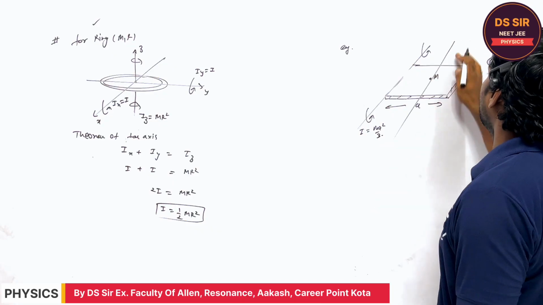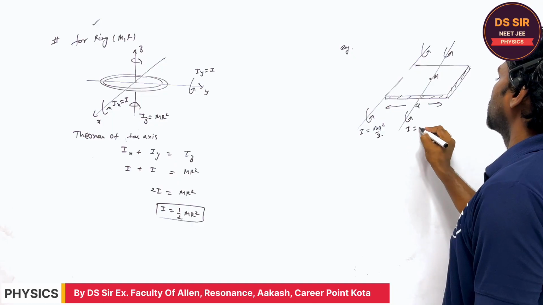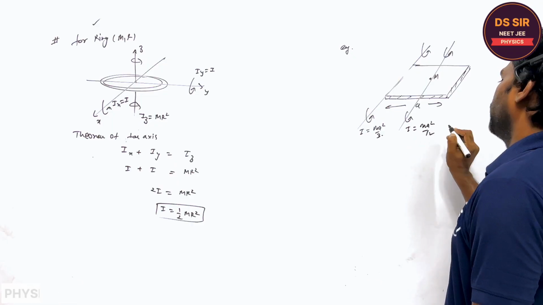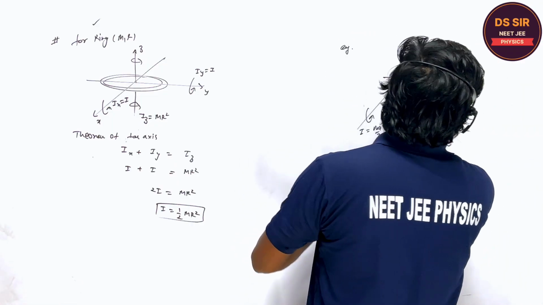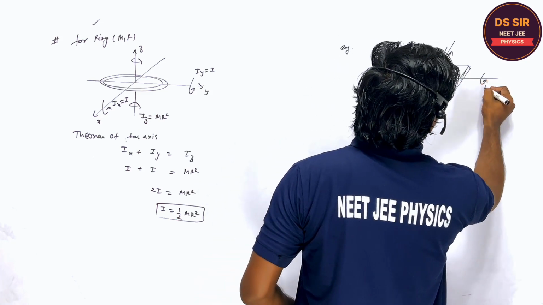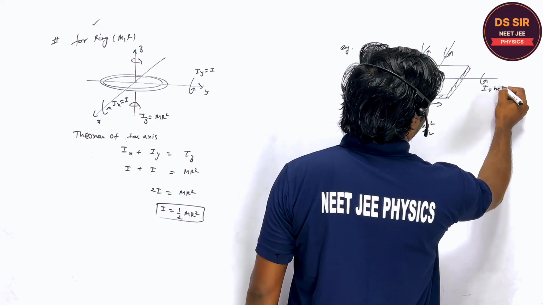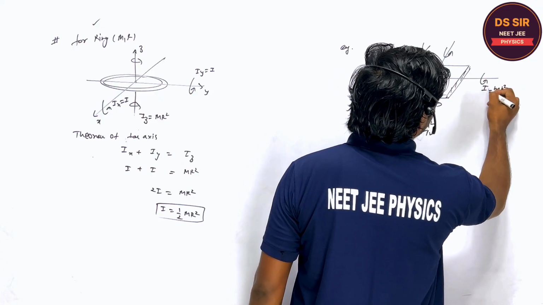And what about this axis? Yes, 12. Very nice. And if this is the side B, what is the moment of inertia about this axis? Mb square by 12. Right.